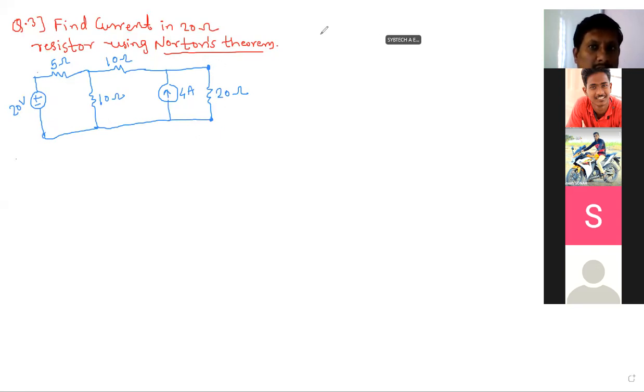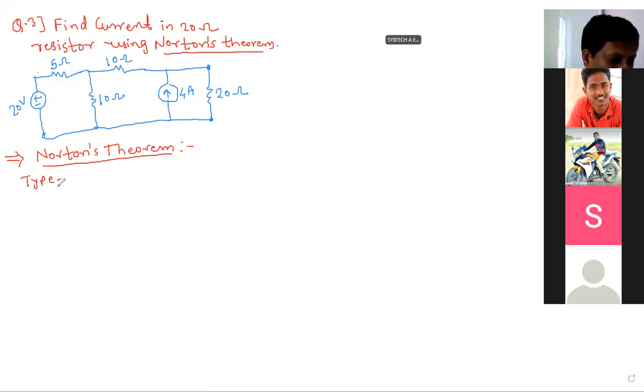So how do we start to solve this example? First of all, write the name of the theorem by which you are going to solve this example, that is Norton's theorem. Type 1 or type 2?